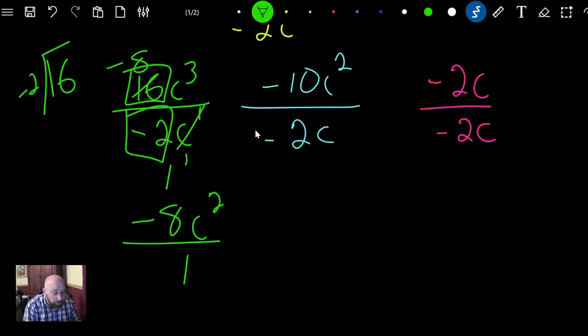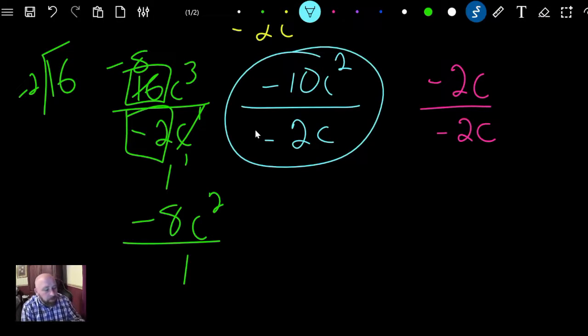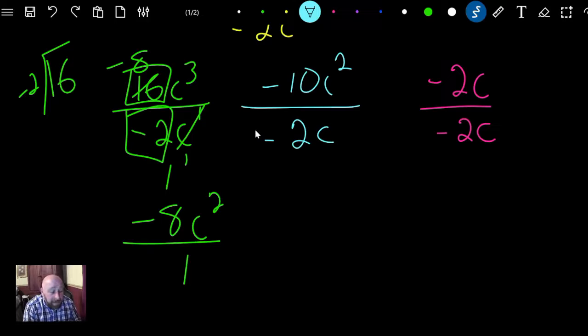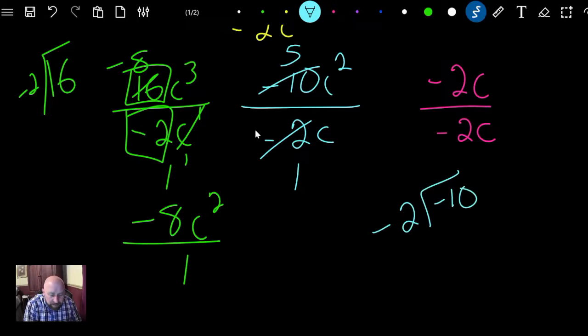So that's over 1. Here in this blue one, negative 2 goes into negative 10 five times. You might think, where did the negative go? Well, negative 2 into negative 10: a negative divided by a negative always gives you a positive.